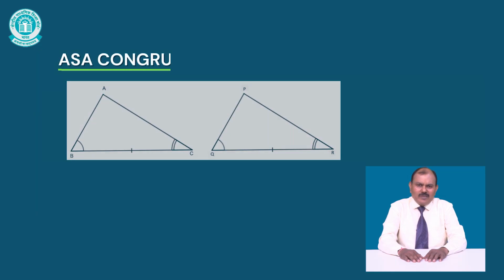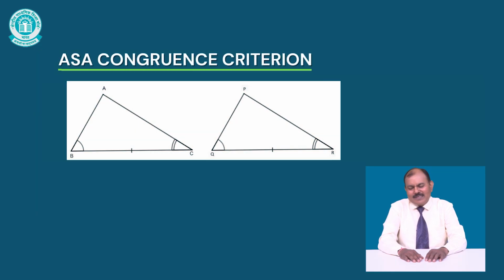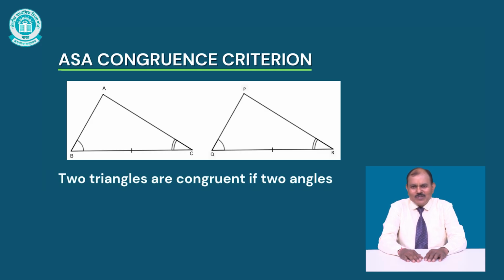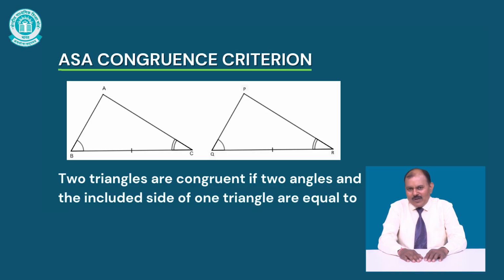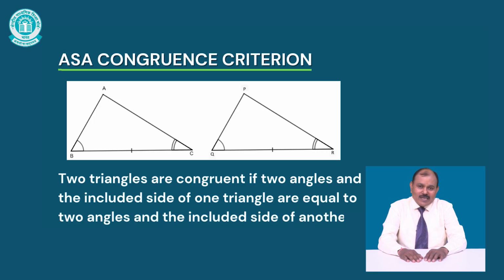We can state the second criterion for congruence of triangles as: two triangles are congruent if two angles and the included side of one triangle are equal to two angles and the included side of another triangle.